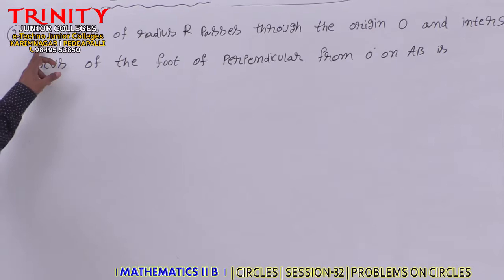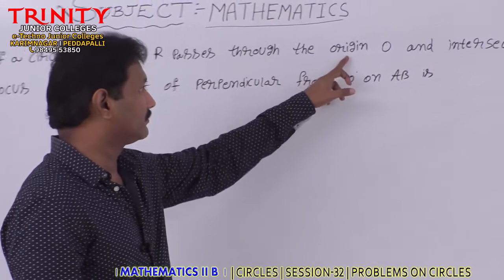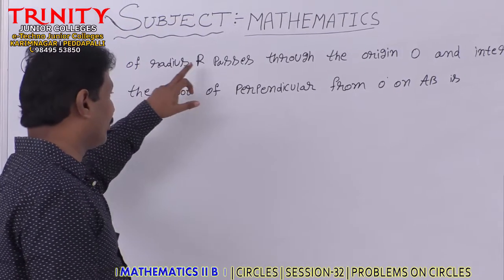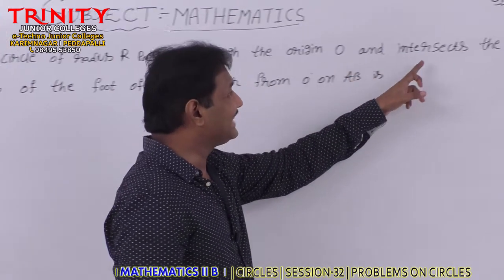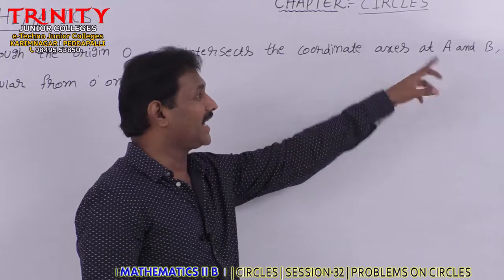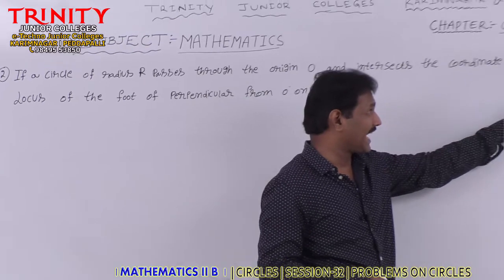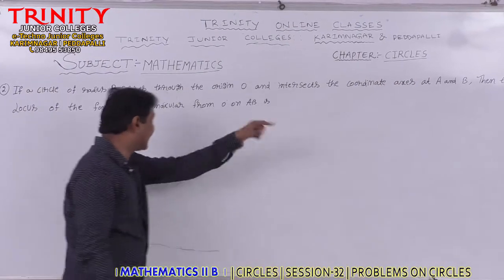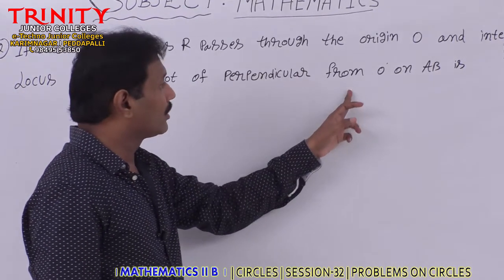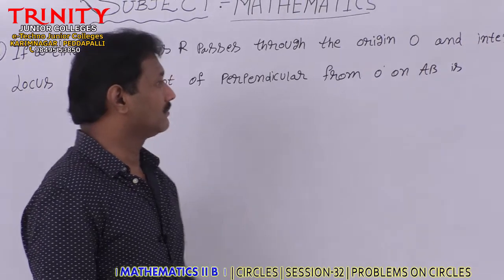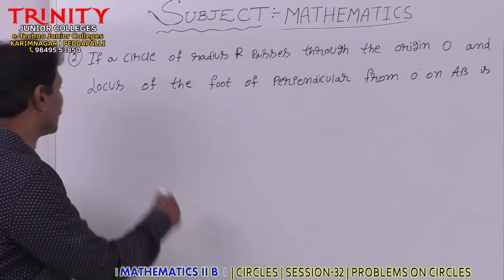This is the problem. If a circle of radius capital R passes through the origin O and intersects the coordinate axes at A and B, then the locus of the foot of the perpendicular from O on AB is what we need.